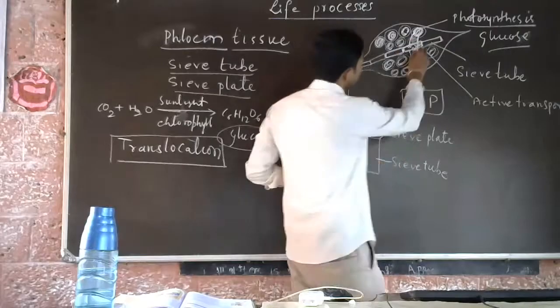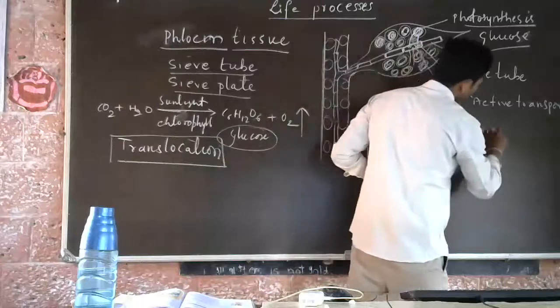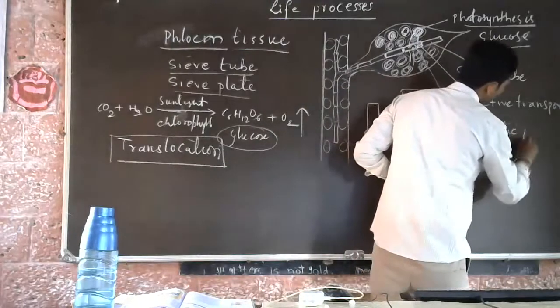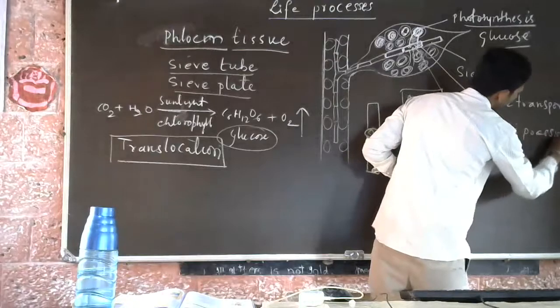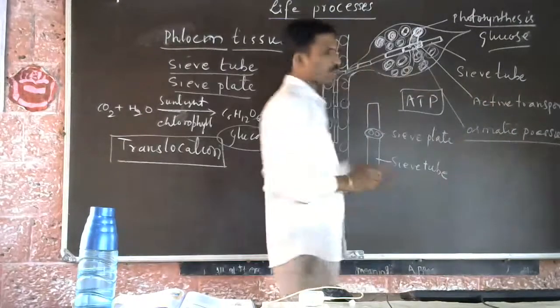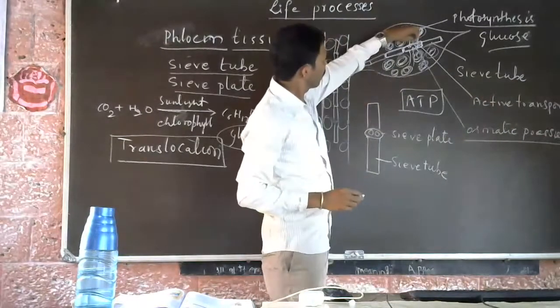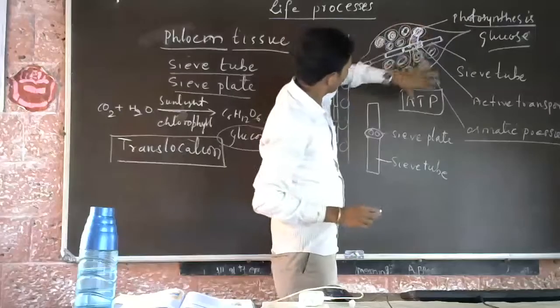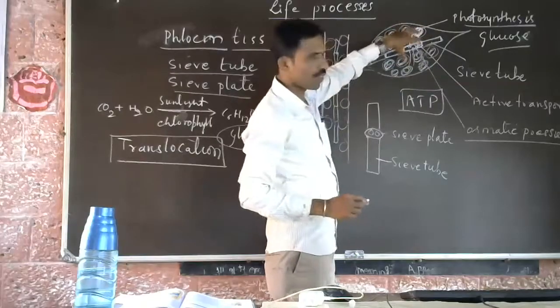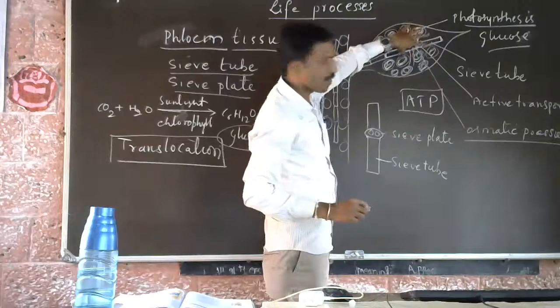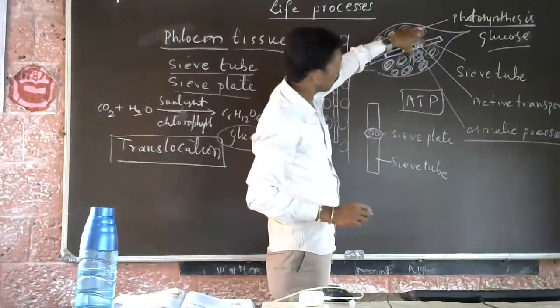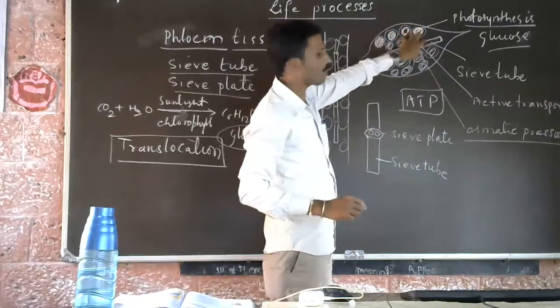Then the osmotic pressure increases. When osmotic pressure increases, the water has entered, so it became a highly concentrated area now. It becomes a region of higher concentration.